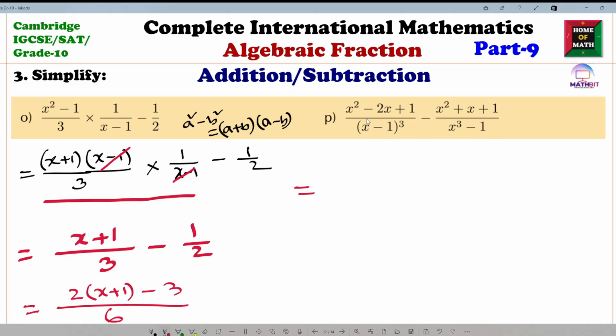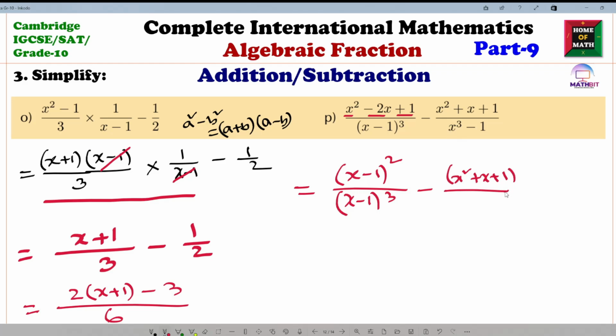Number P, here are two fractions and we will subtract them. In the denominator x minus 1 whole cube and in the numerator x square minus 2x plus 1. So this one we can easily write as x minus 1 whole square, and here is x minus 1 whole cube, minus x square plus x plus 1.